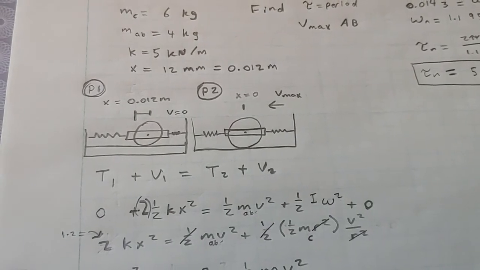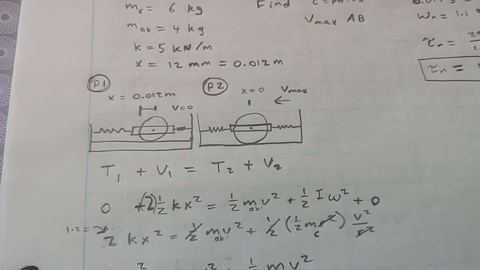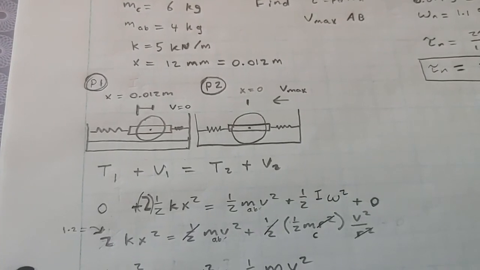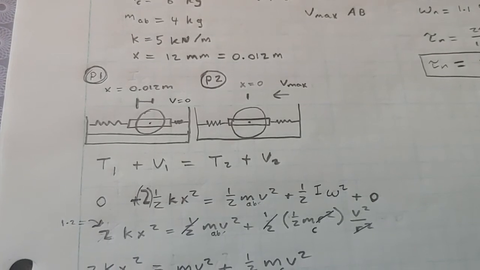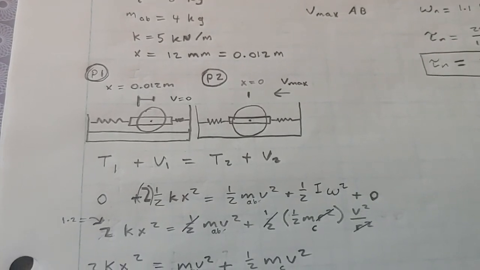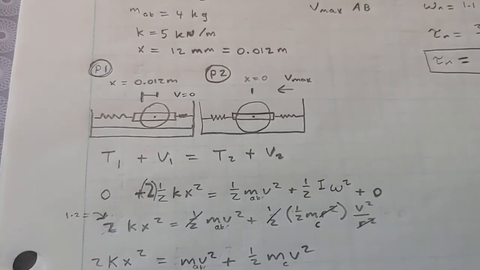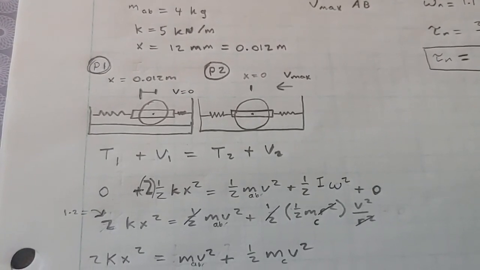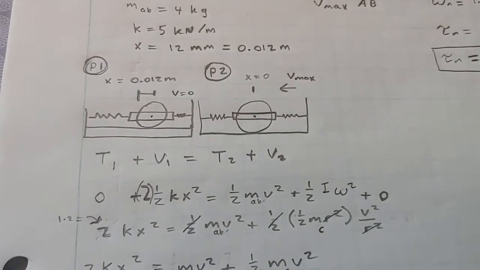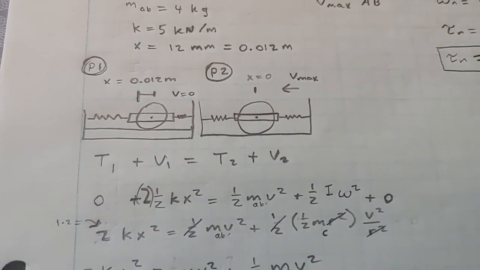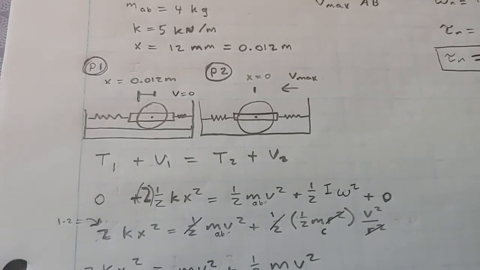Velocity squared plus 1 over 2 inertia omega squared, because we have the kinetic energy of the system, which is the cylinder and the bar AB, plus the kinetic energy of the wheel that's spinning, which is 1 over 2 inertia angular velocity squared, plus 0.